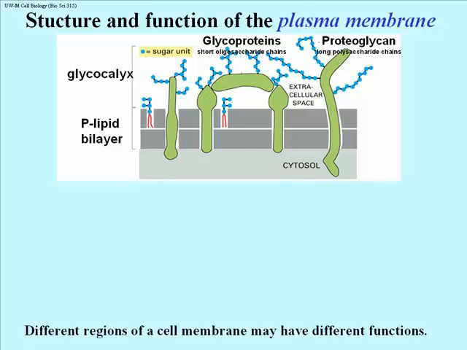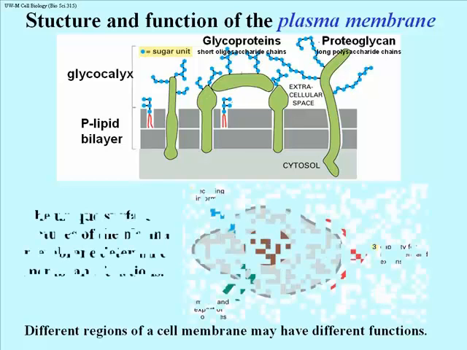And the fact that these are much longer polysaccharide chains, that is, glycoside-linked sugar chains, differentiates them from glycoproteins. Also shown but not labeled are phospholipids to which sugars have been attached, and these are glycolipids, and we saw an example before. It says on the bottom of a slide, different regions of the cell membrane can have different functions. I alluded to that earlier.